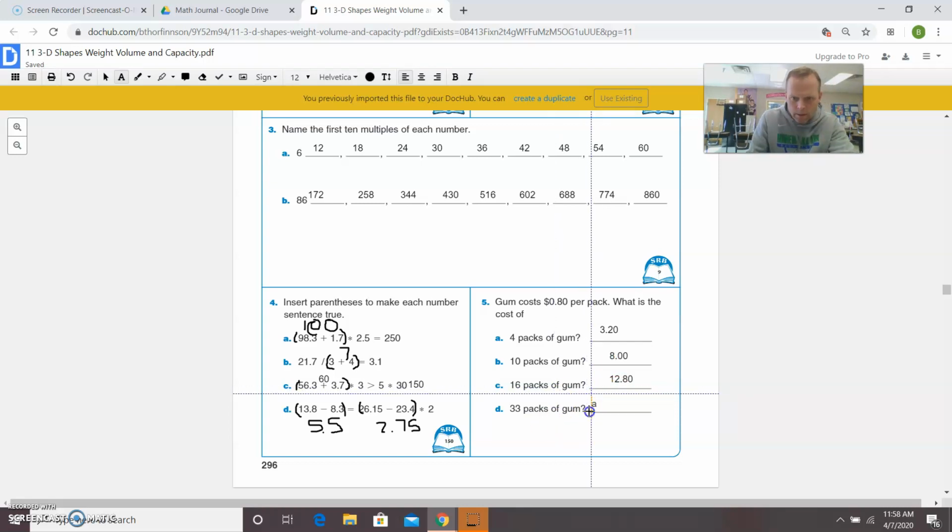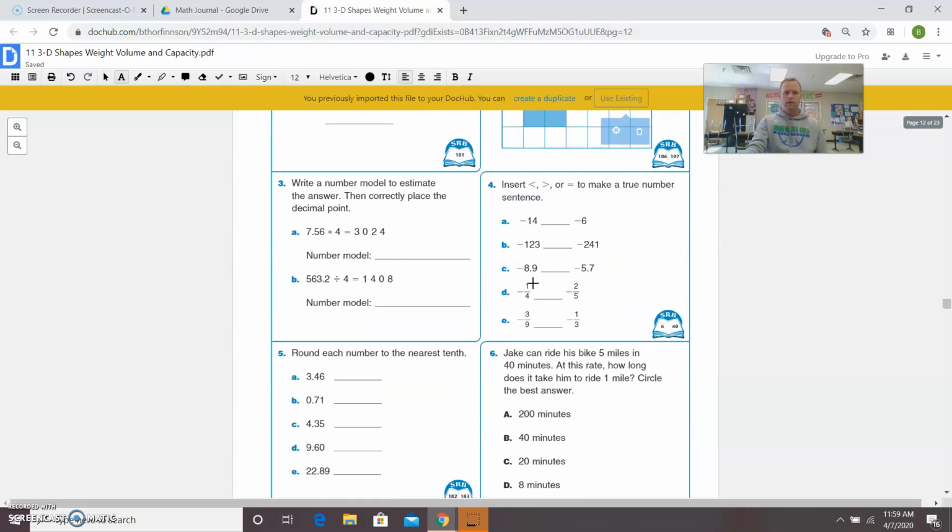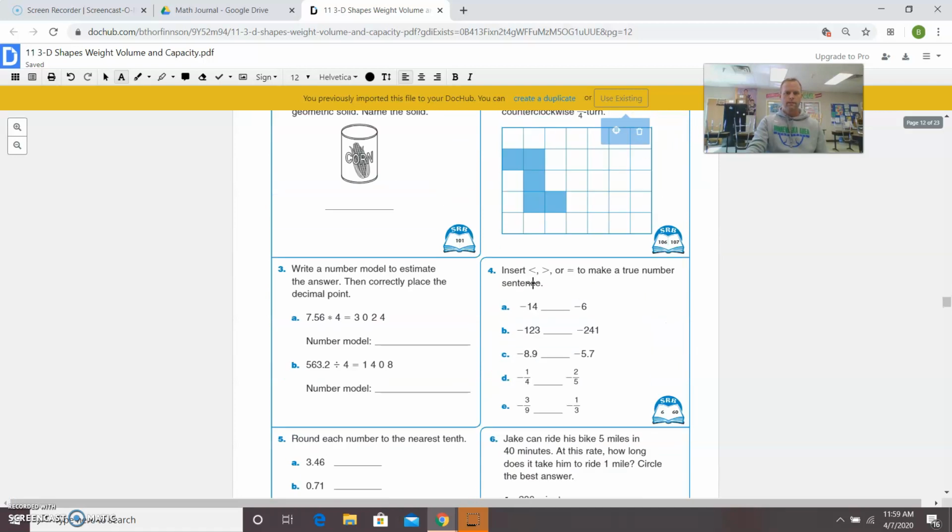And finally, 32 packs of gum times 80 cents gives you $26.40. Remember, when we're multiplying, where that decimal goes, that's kind of the tricky one on those problems. Okay, so there are the answers at 296. 297.